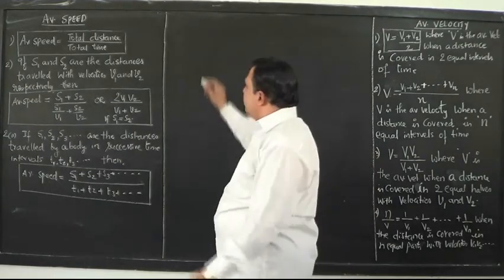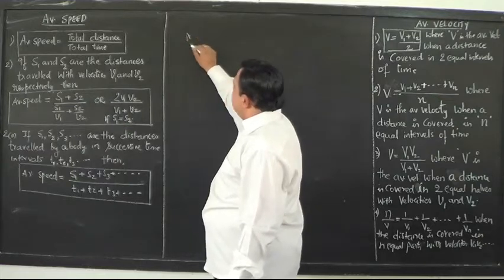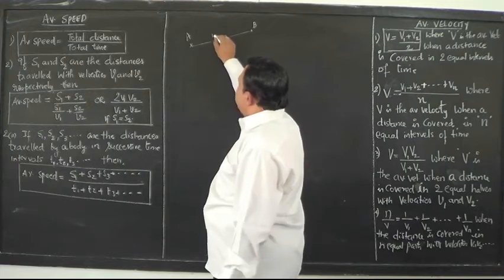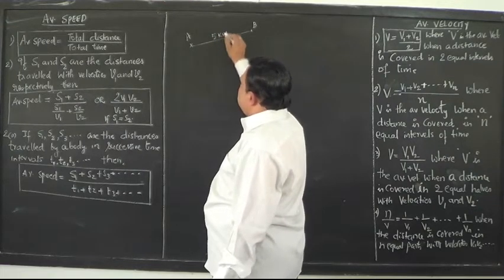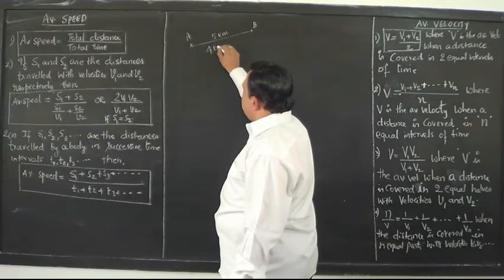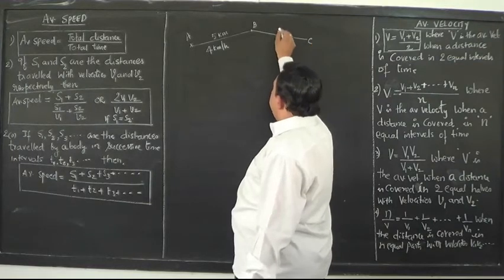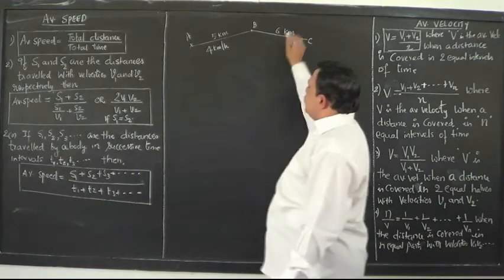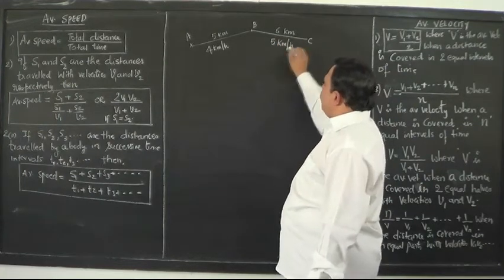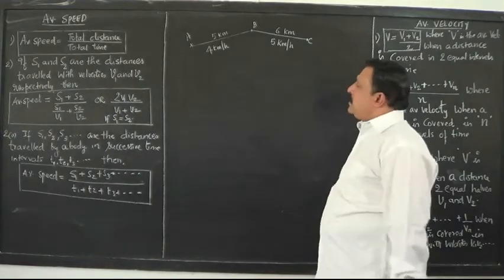For example, if a boy starts from point A and travels to point B, 5 kilometers at a speed of 4 kilometers per hour, and from B to C, 6 kilometers at a speed of 5 kilometers per hour, and stops his journey at the point C.